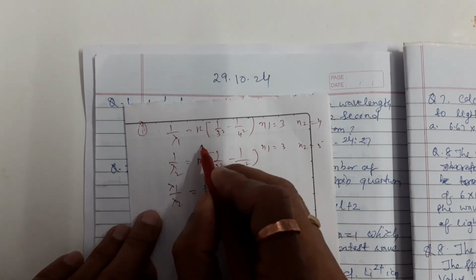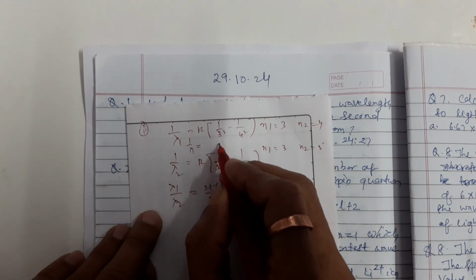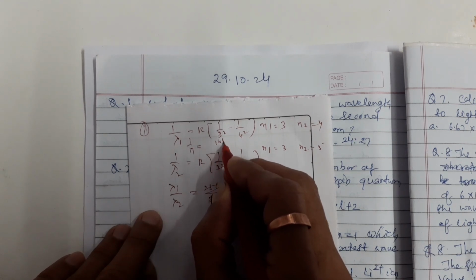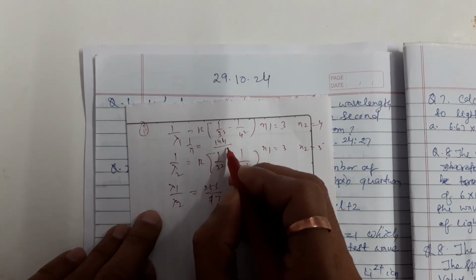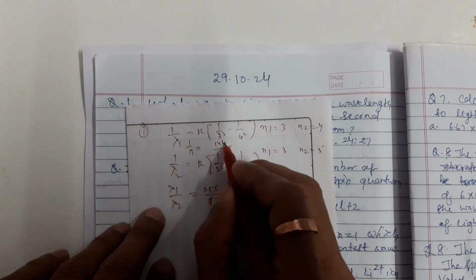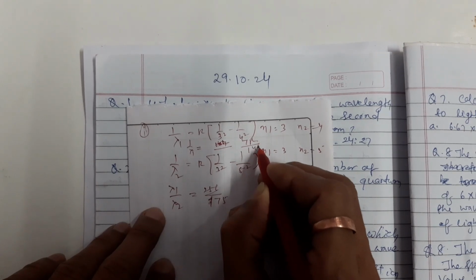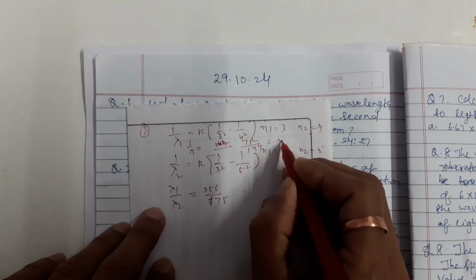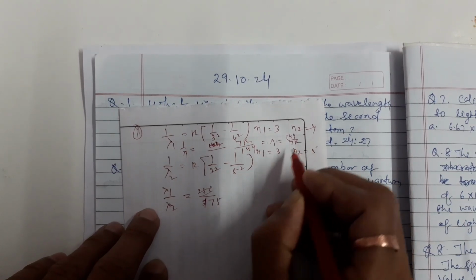Here you will get 1 by lambda 1 equal to 7R by 144. Therefore lambda 1 is equal to 144 by 7R.